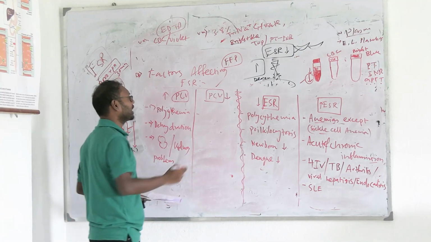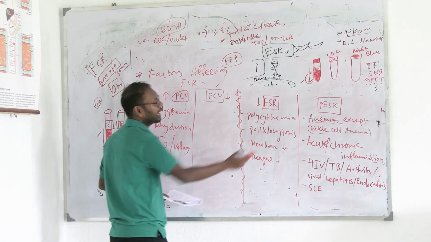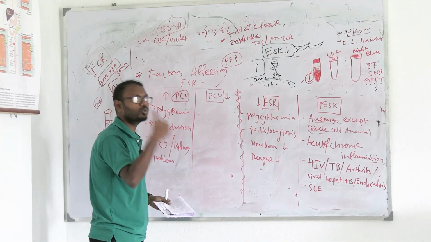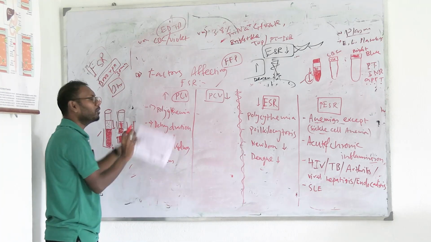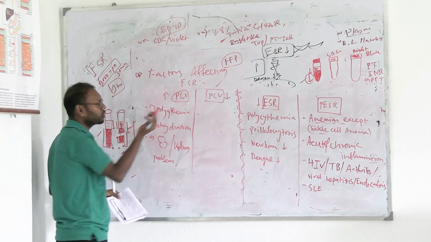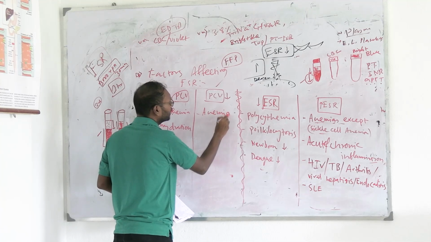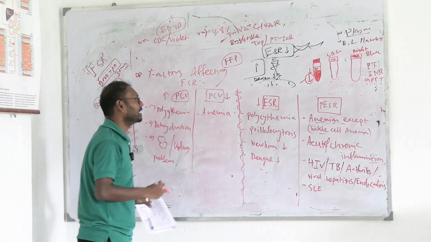PCV নাও এখানে বলো কমবে কেন? ফার্স্ট রিজন অ্যানিমিয়া, when there is anemia less cell available, যত less cell available হবে the amount of packed cells will be less, তো স্বাভাবিকভাবে in case of different anemias PCV will be less.